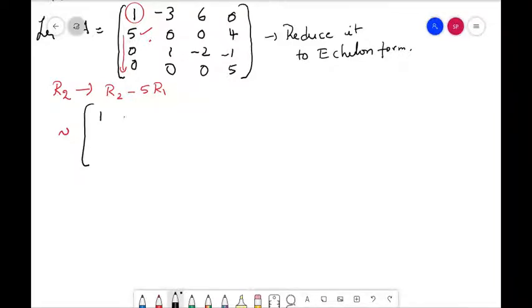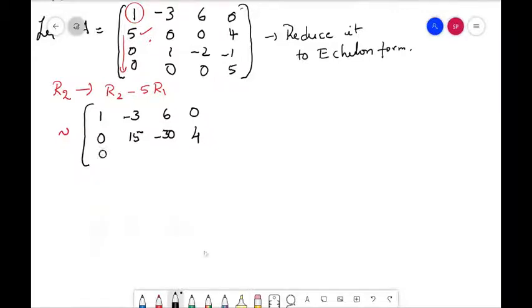1, minus 3, 6, 0, and then 5 minus 5 is 0, and then 0 minus 5 into minus 3. Minus 5 into minus 3 is 15, and then 0 minus 5 into 6 is minus 30, and then 4 minus anything here, this is 0 only, so I get 4.